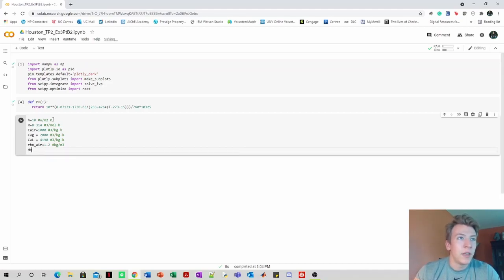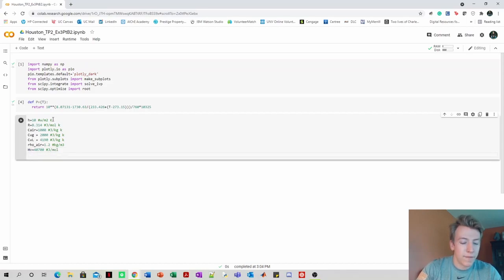So HV, which is going to be equal to, what is that, 4,700 joules per mole.